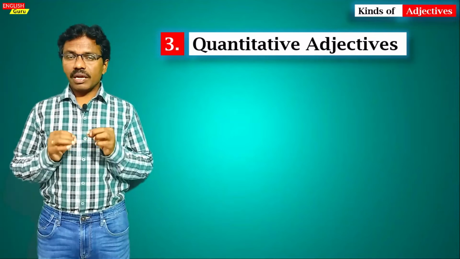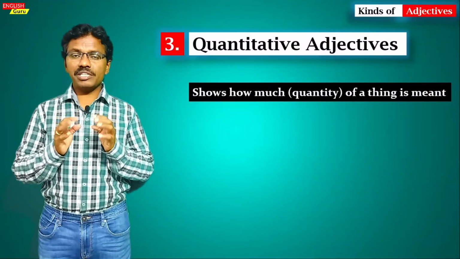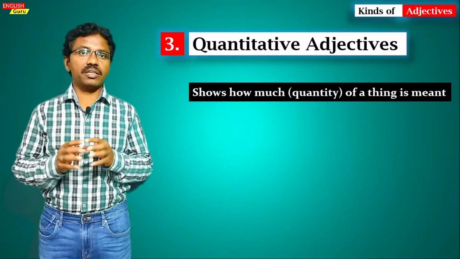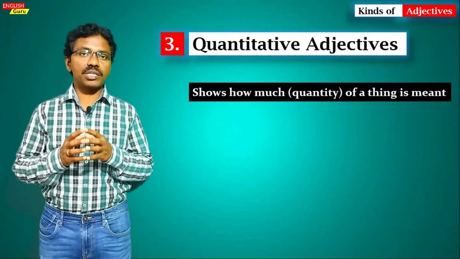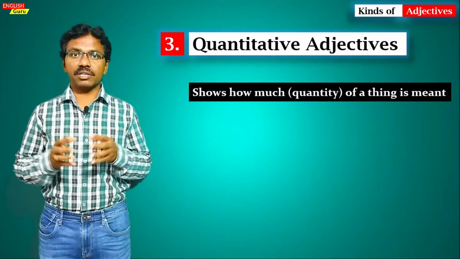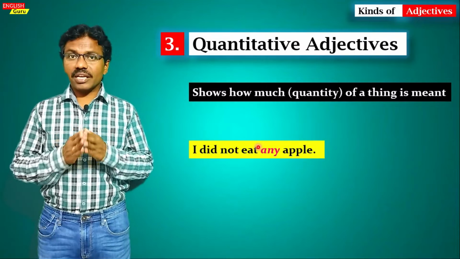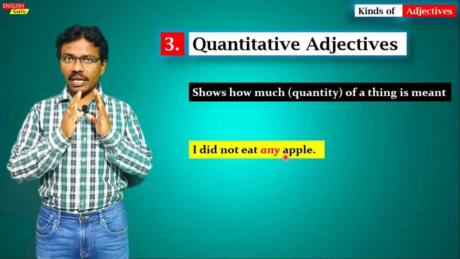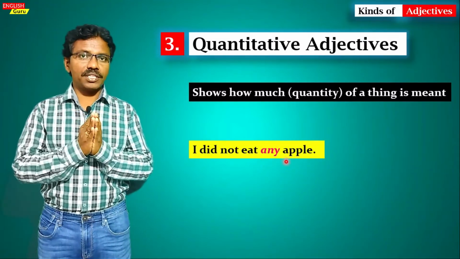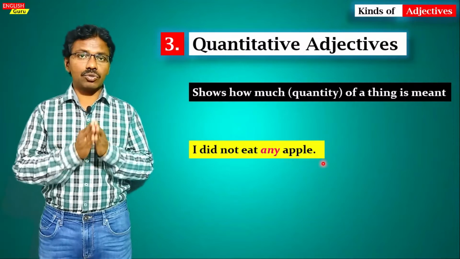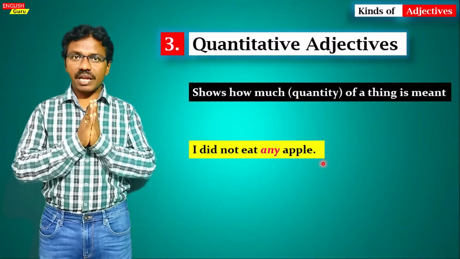So quantitative adjectives show how much quantity of a thing is, or how much quantity of a thing is meant. For example, in a sentence, I did not eat any apple. So here any is talking about the quantity. So any is a quantitative adjective.